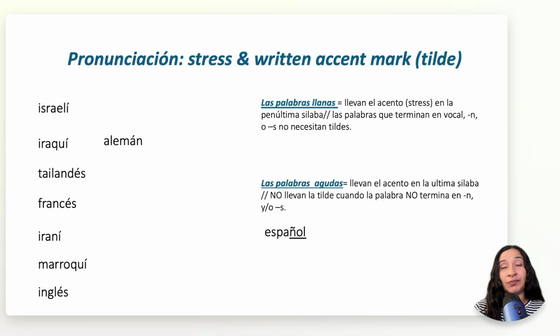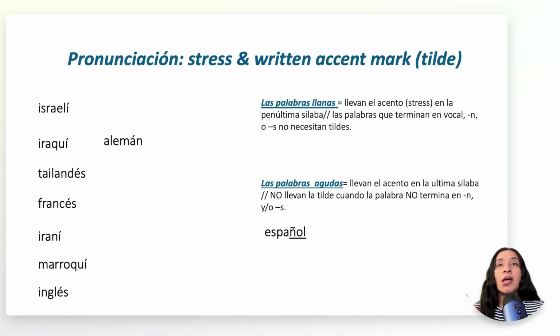Now, we are gonna see more examples that don't end in S or N. These words end with a different consonant, and that's why you don't have a tilde in the last syllable, but they are still palabras agudas. The linguistic term for palabras agudas is oxytone words, just in case I didn't mention that before.